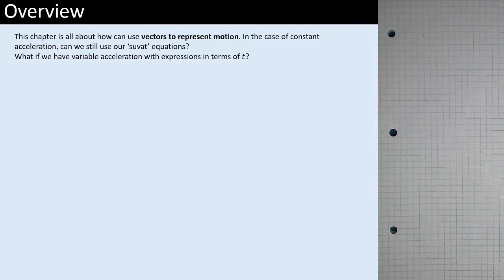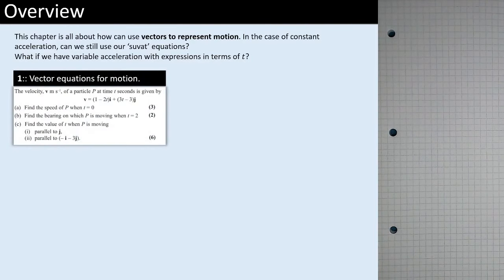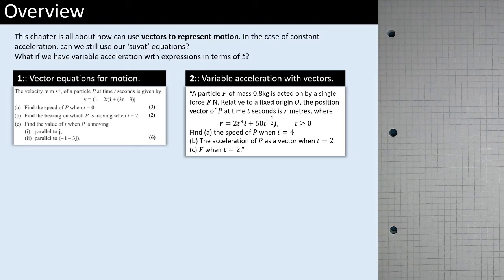we're going to do most of that, and hopefully this unit should be relatively short. Okay, so we're going to look at vectors equations of motion, which is what we're going to do now. We're going to look at variable acceleration, okay, and we looked at variable acceleration a little bit in year 1, I believe, and we're going to be thinking about finding the velocity given a position, or finding the acceleration given a velocity, or something like that.